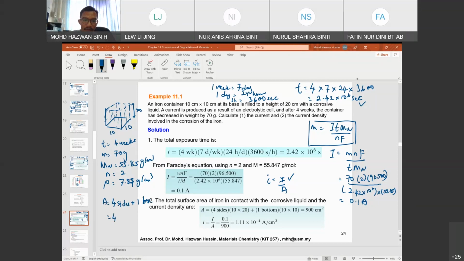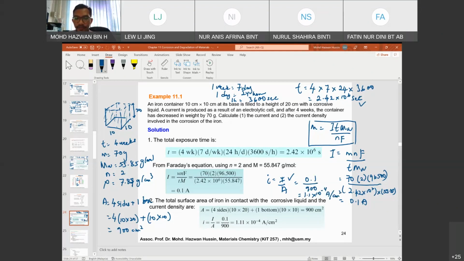So 4 times 10 times 20 plus 1 base, 10 times 10. That equals 900 centimeters squared. Current density, therefore, is 0.1 over 900 centimeters squared, which equals 1.1 times 10 power of minus 4 amperes per centimeter squared.